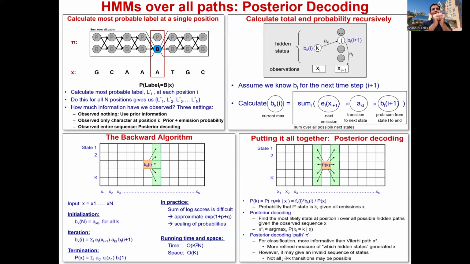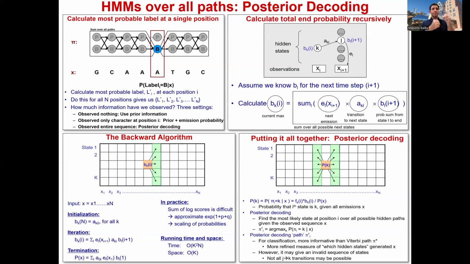There might not be a valid transition between a super repressed repeat element and a super active enhancer. That transition might actually be 0 in my model. But that's okay. I'm not looking for the total probability of that path. That path might actually have 0 probability, because that transition might just have a 0 probability. And that's okay.